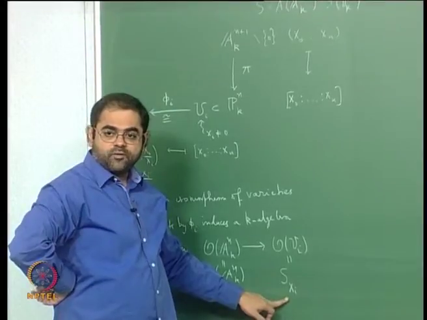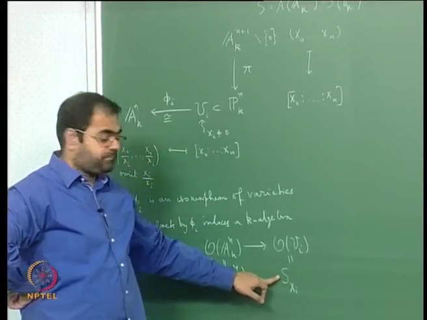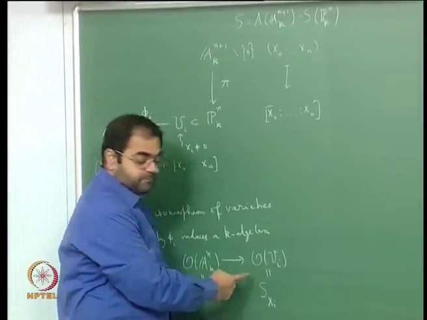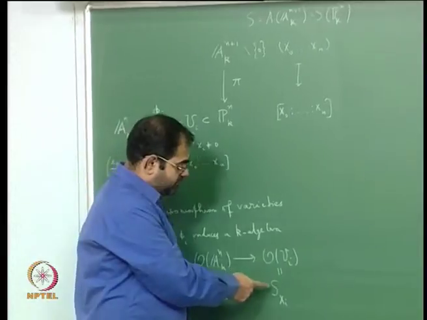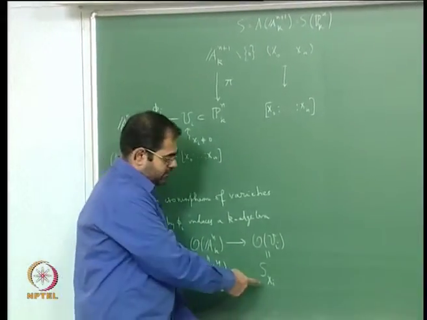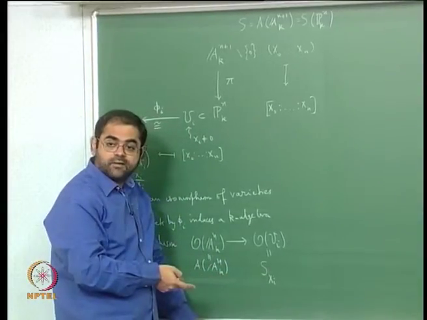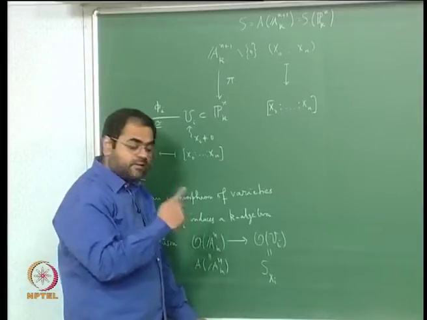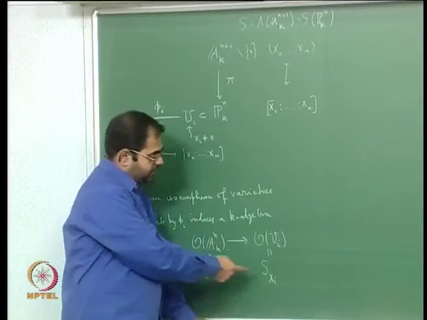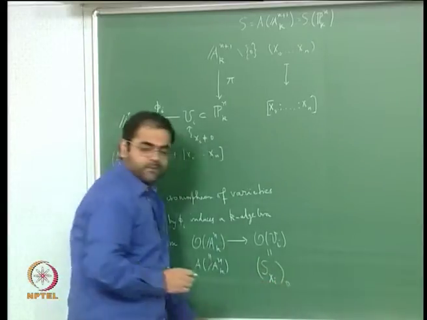Then you define the degree of a homogeneous element here, which is of the form a homogeneous element of S divided by some power of xi, and its degree will be the degree of the numerator minus the degree of the denominator. That makes this into a graded ring, and then you take the degree 0 part.